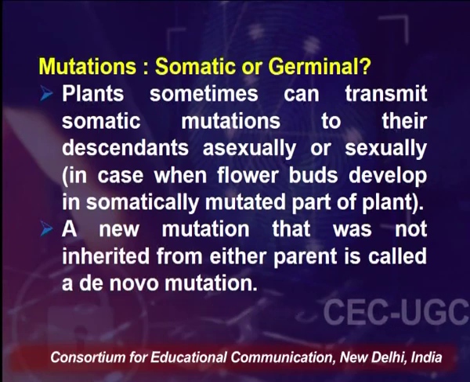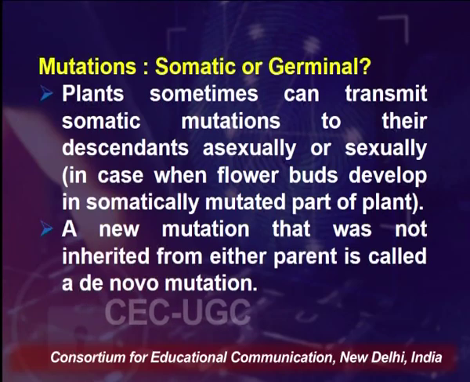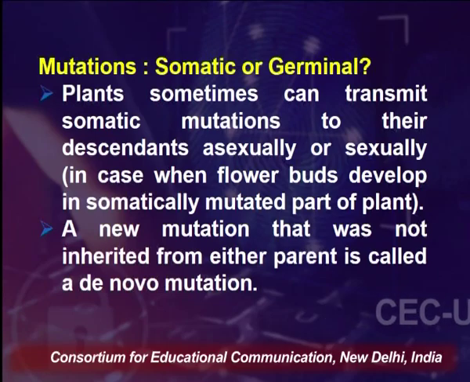So, here we have to understand this: if the mutation is coming from a parent, we call it a somatic or germline mutation, but if an offspring develops a new mutation of its own, we call it a de novo mutation. So, the sequence of a gene can be altered in several ways.